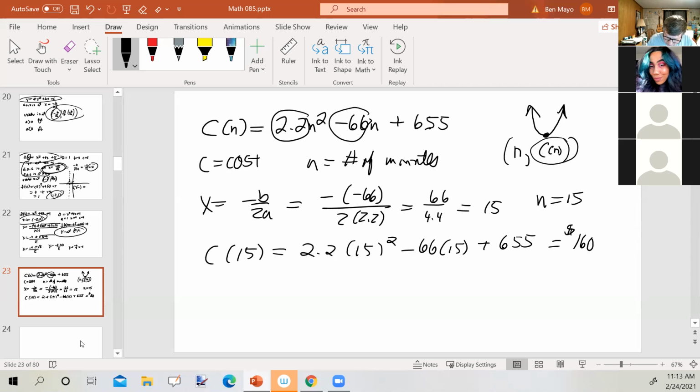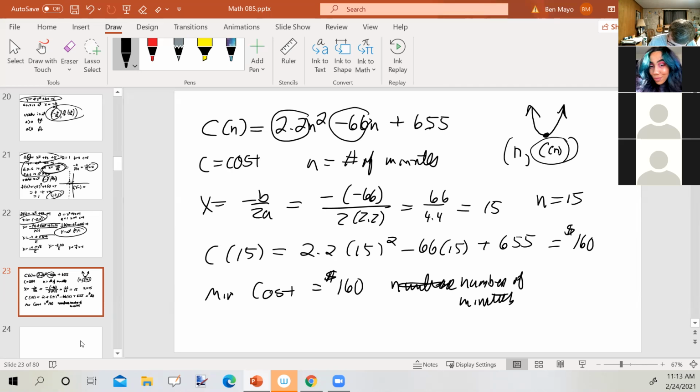Okay, so the minimum cost was $160, and the number of minutes was 15.